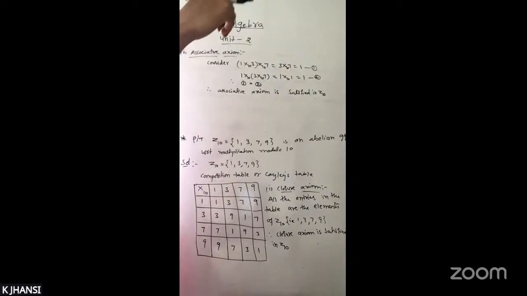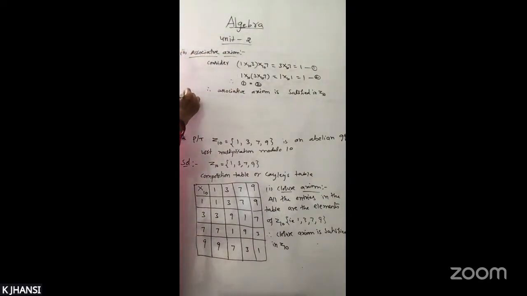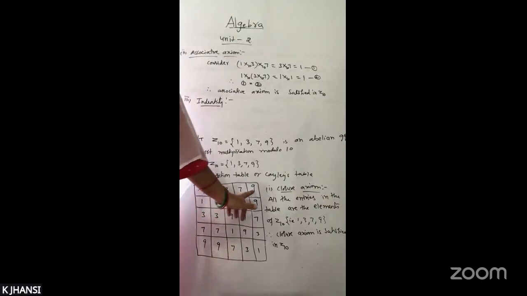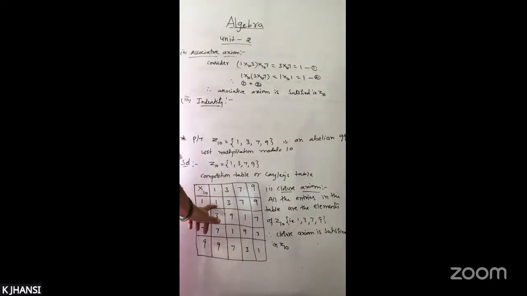Okay, so next is the identity, the third one. Identity means whatever the second row is, it is the same as the first row, and even here the second column is the same as the first column.